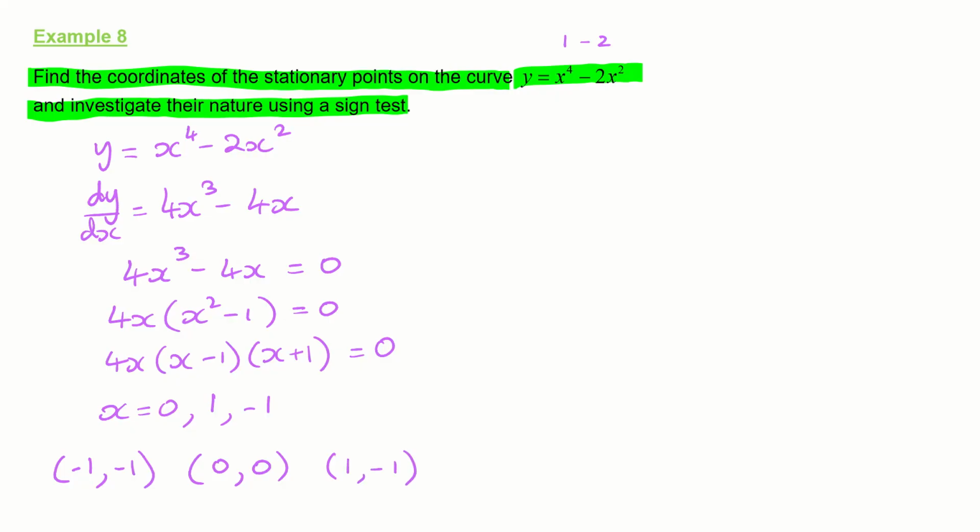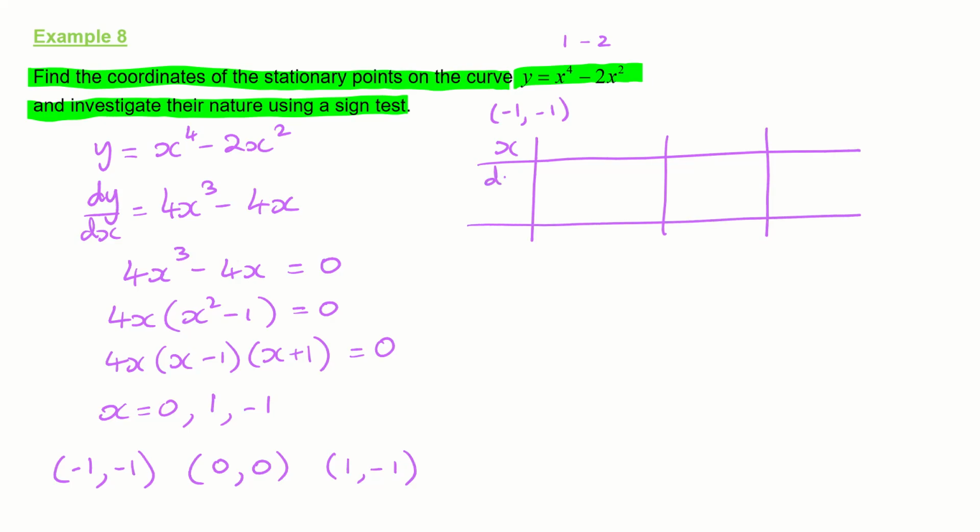So let's look at negative 1, and use a sign test table. So we've got x, and we'll look at dy dx.